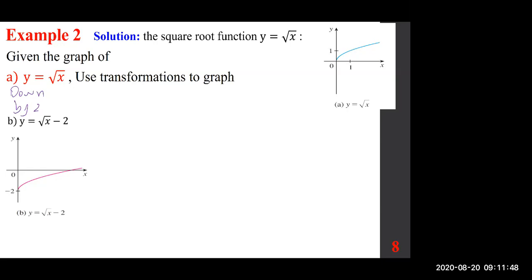What matters is when you're graphing this, you want to always show important parts. For example, you can see what happens to the y-intercept. Remember, we had x and y-intercept, both of them at 0, 0 originally. Now 0, 0 changes to 0, negative 2.